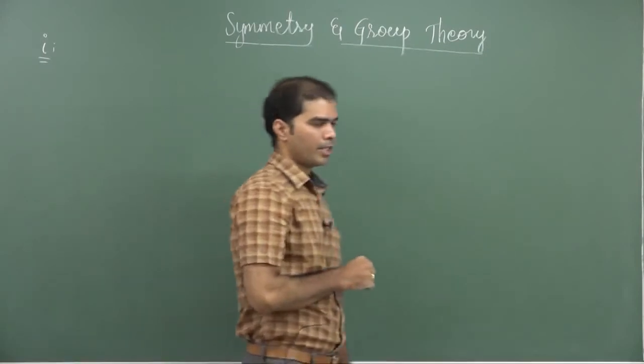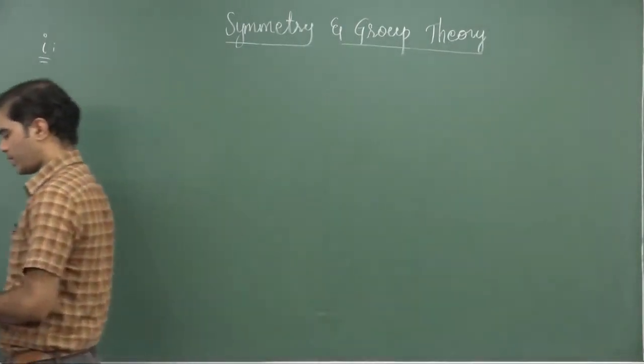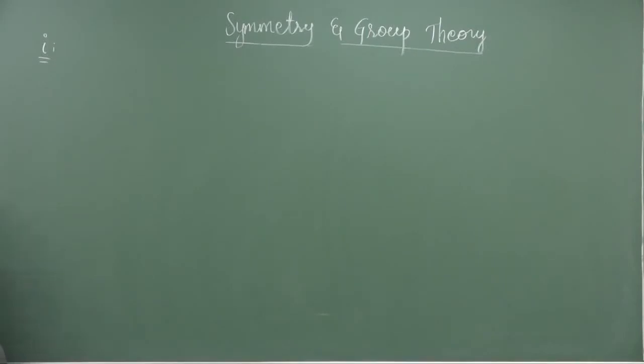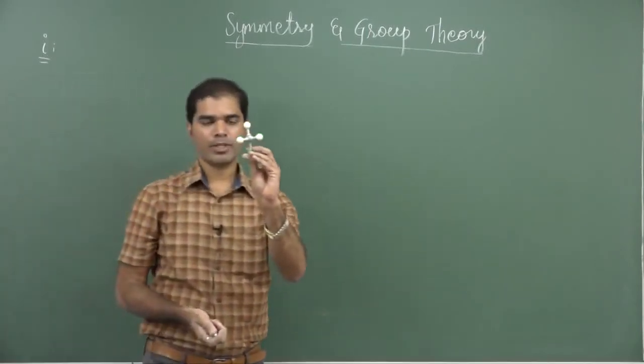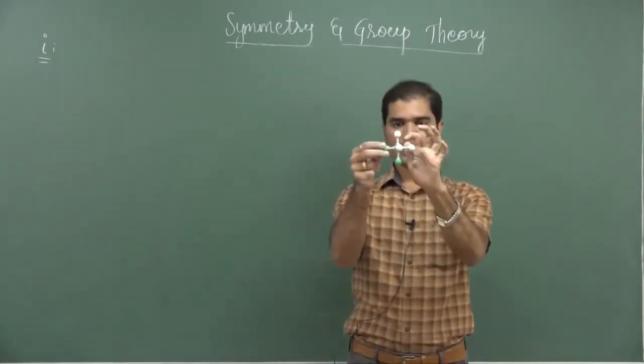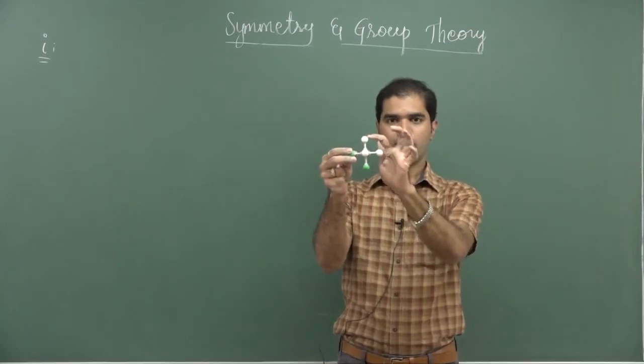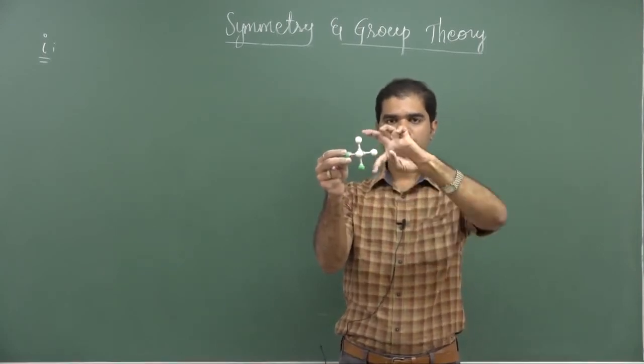The next symmetry element is inversion. In this inversion, what we do is, suppose I am choosing any molecule, or you can just imagine these to be the coordinates. From a center point called the center of gravity, all the opposite identical points get inverted.